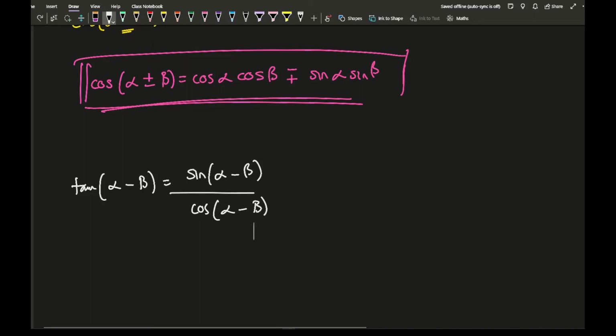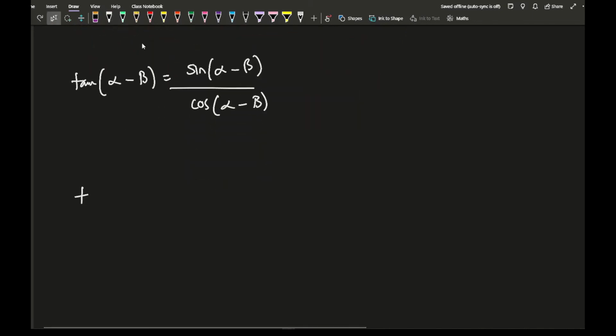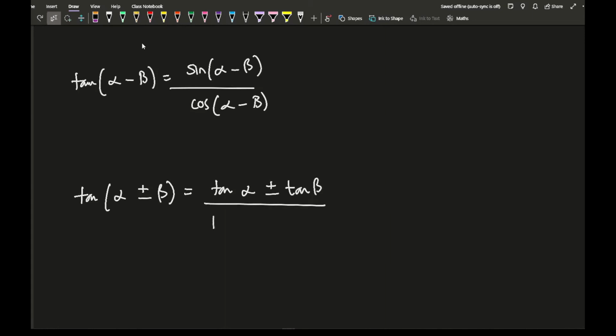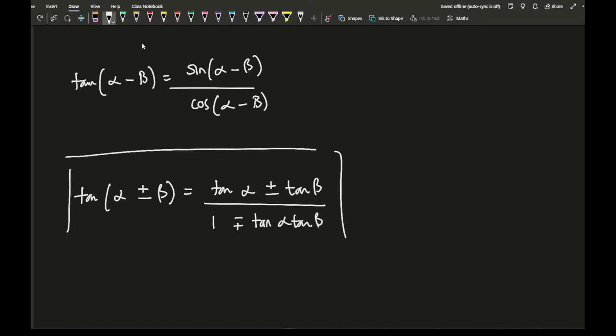I'm just going to prove it in the exact same way, but what I then find out is that tan alpha plus or minus beta is going to equal tan alpha plus or minus tan beta over 1, and then here it's going to be minus plus tan alpha tan beta, and there is my third compound angle proof.